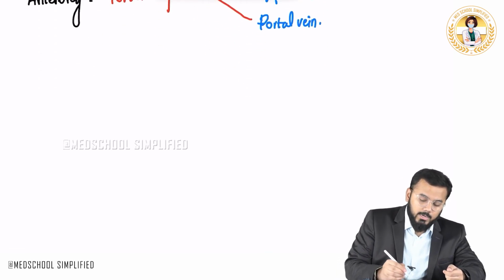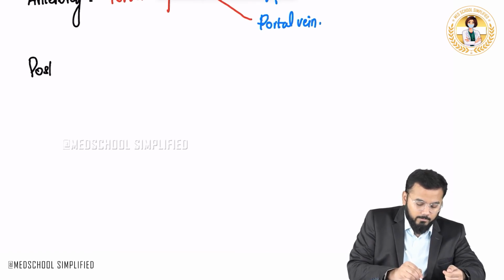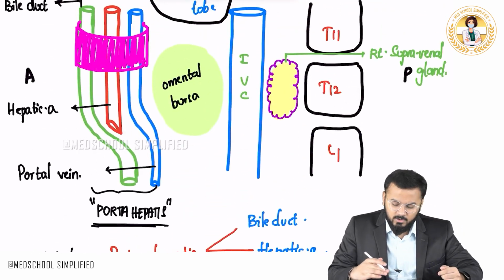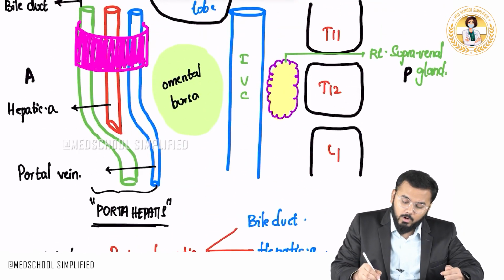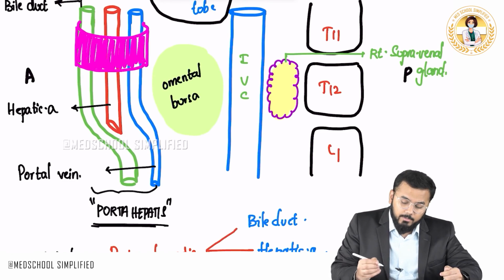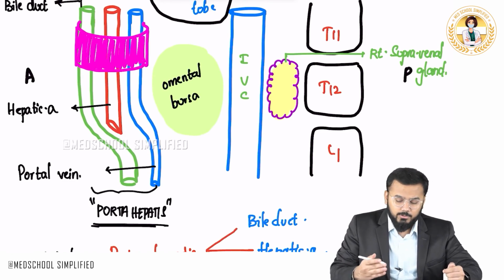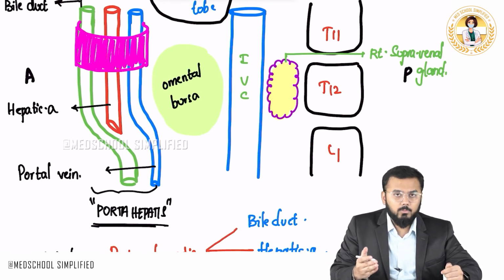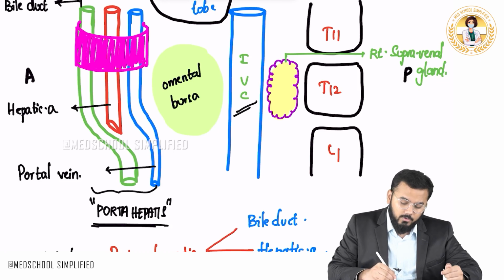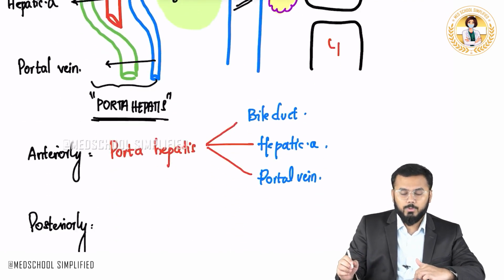Now posteriorly, what structures are located posteriorly? We don't basically think about the bony landmarks. We discussed that we have the inferior vena cava as well as the right suprarenal gland.